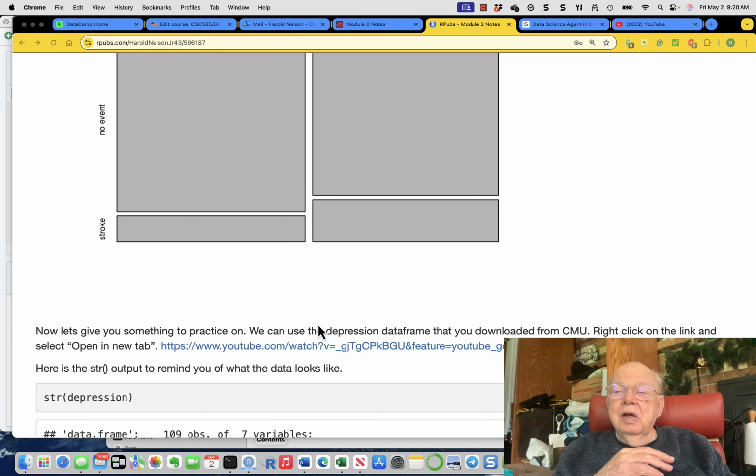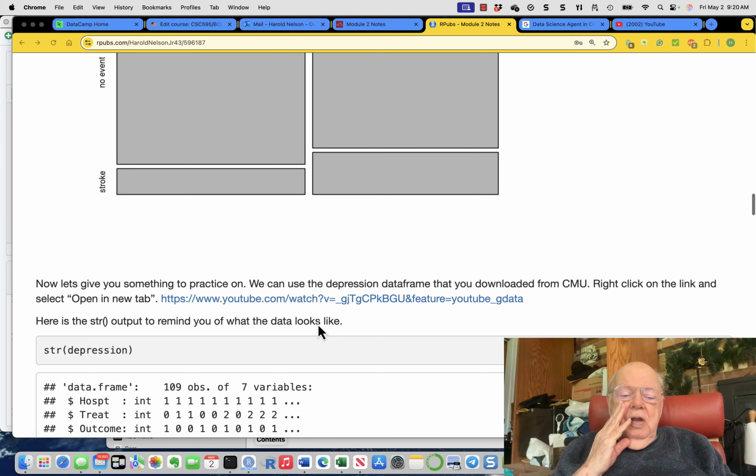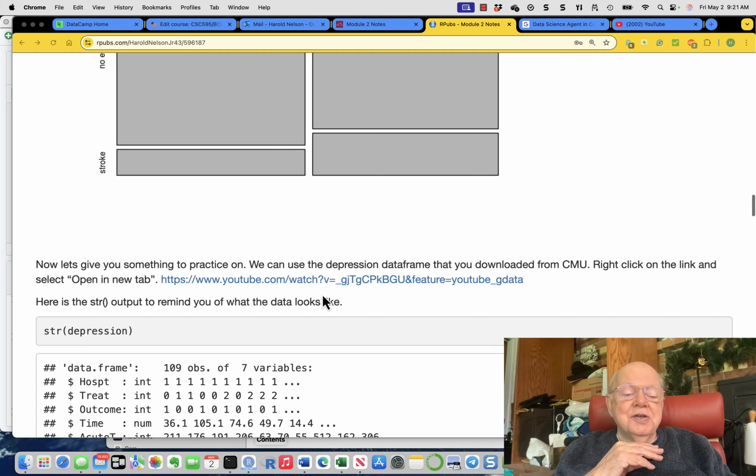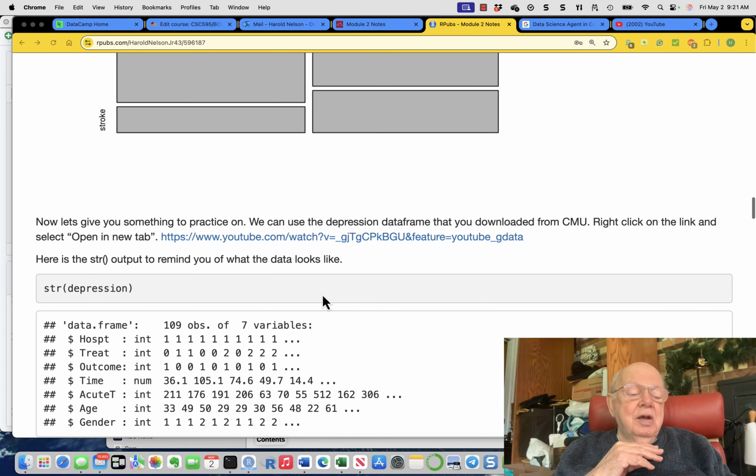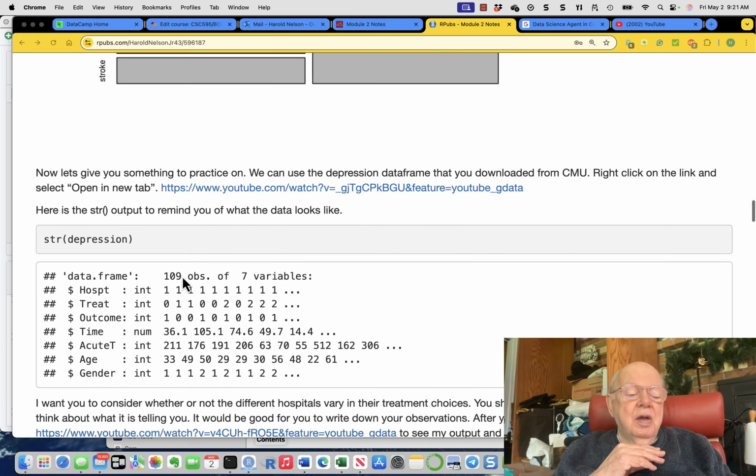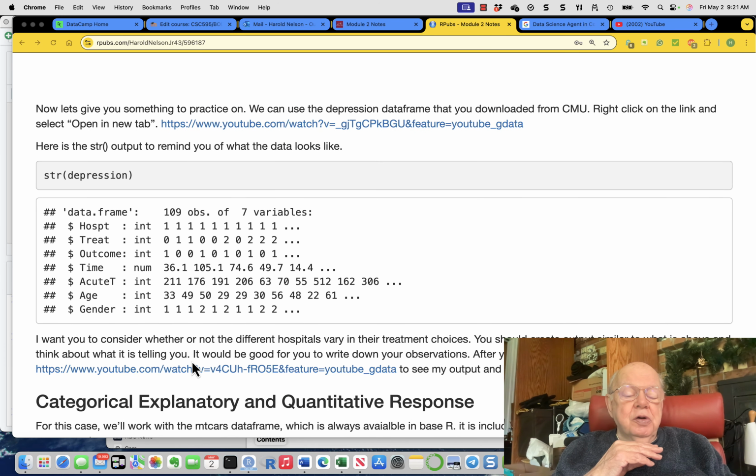There's another set of data which is also sitting there for you in Canvas. Perform the same type of analysis on the depression data, and what you're considering is whether the different hospitals vary in their treatment choices.